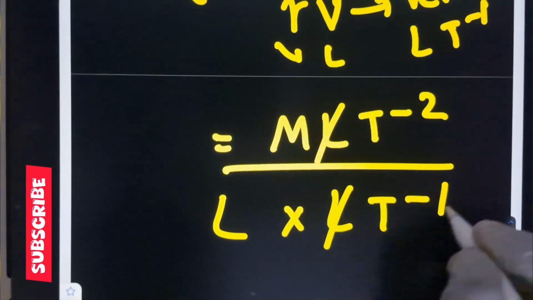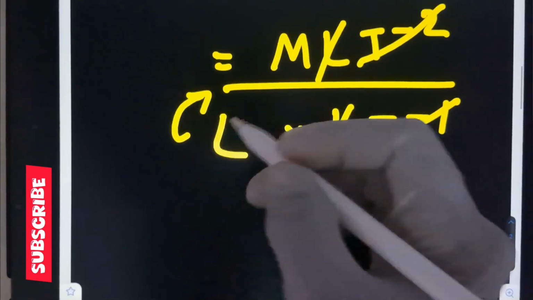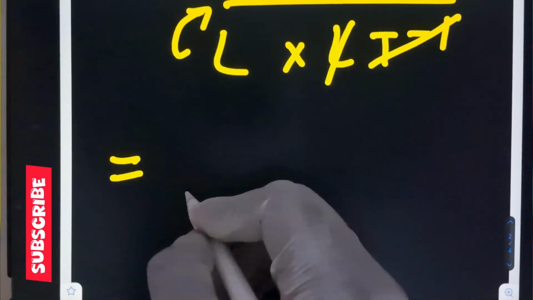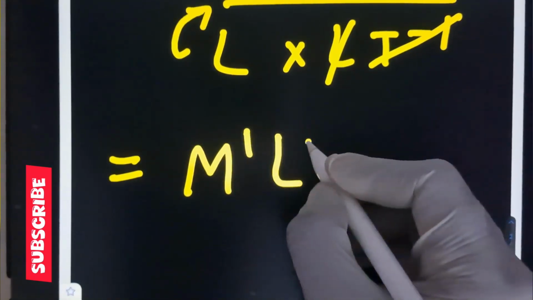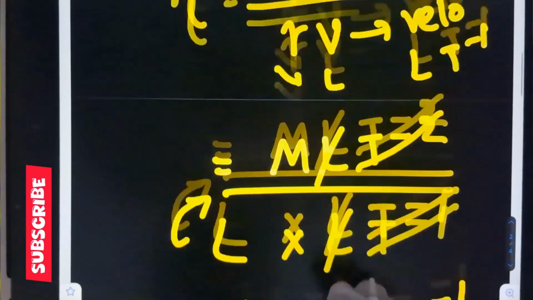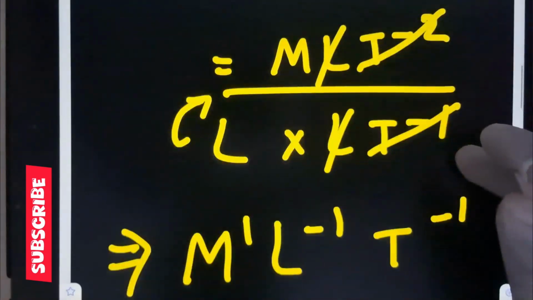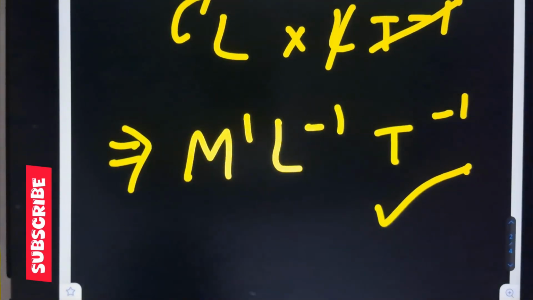We cancel length and time. So we get M power 1 L power minus 1 and t power minus 1, and it is the dimensional formula of coefficient of viscosity. It is M power 1 L power minus 1 t power minus 1.